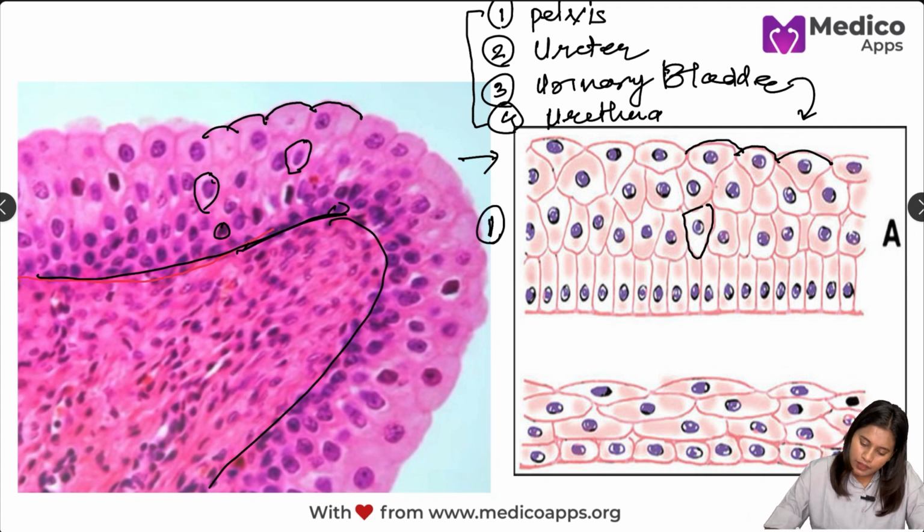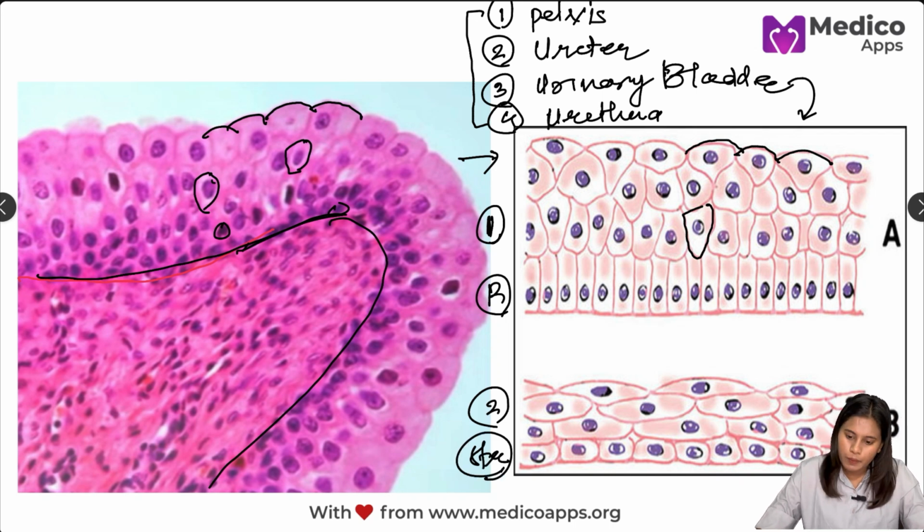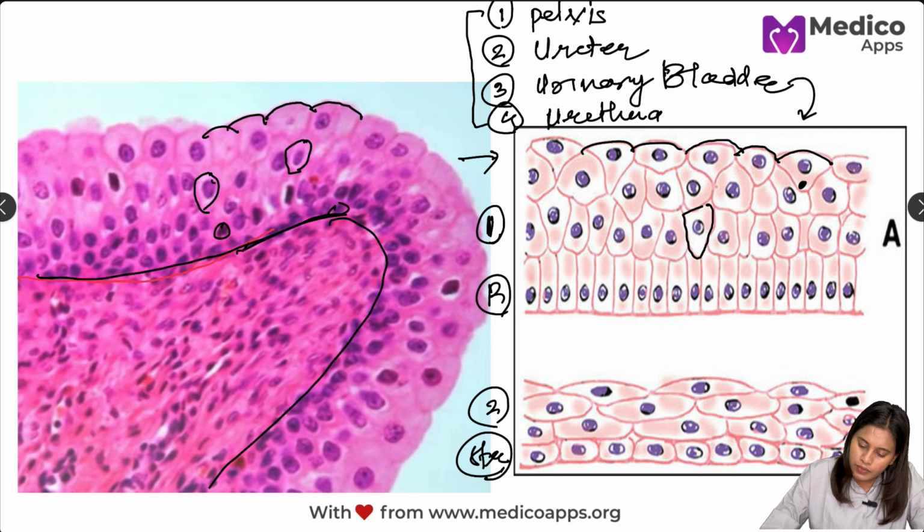Diagram number 1 is a relaxed urinary bladder, and this is the stretched urinary bladder. The upper layer of the cells are dome-shaped and umbrella-shaped, some cells are binucleated and some uninucleated, and the middle layer of the cells are polygonal in nature.